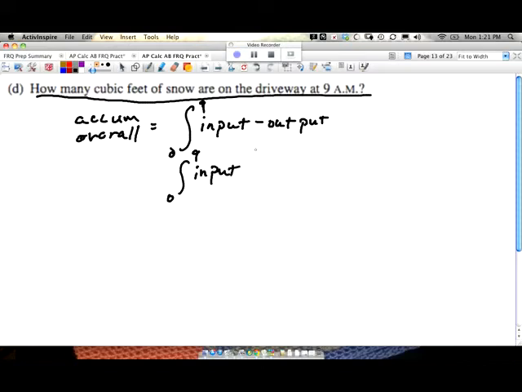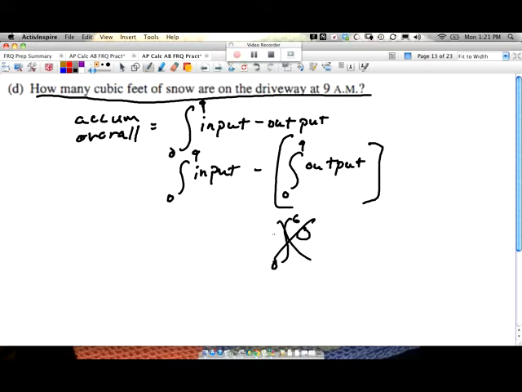For 0 to 9 of the input, because I can do that with my calculator pretty fast, minus the integral from 0 to 9 of the output, which we just started to break apart because this gets broken up into three pieces. It's going to be from 0 to 6, that's 0, so we don't really need that, plus the integral from 6 to 7 of 125, plus the integral from 7 to 9 of 108.